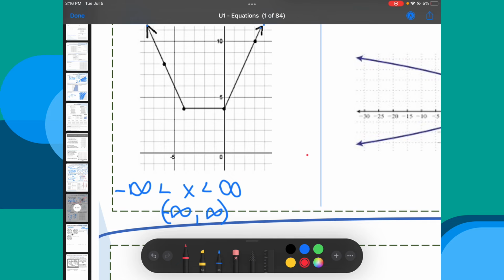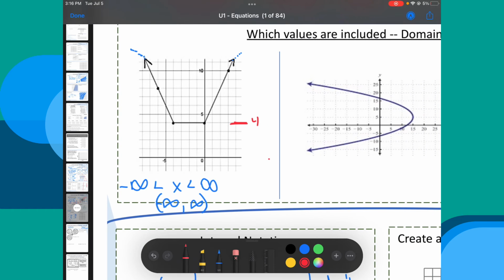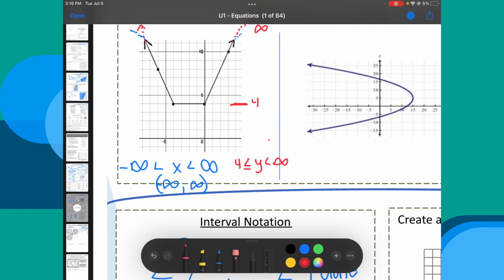Now the bottom of our graph is right here at 4. We can also see that our graph is definitely going up. Both of them are going up forever and ever, so we're going to positive infinity. So y is between 4 and infinity.